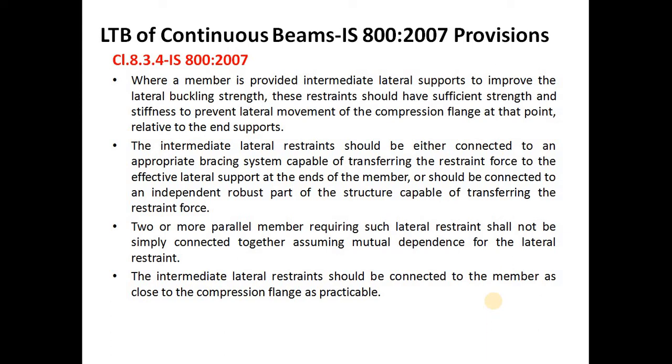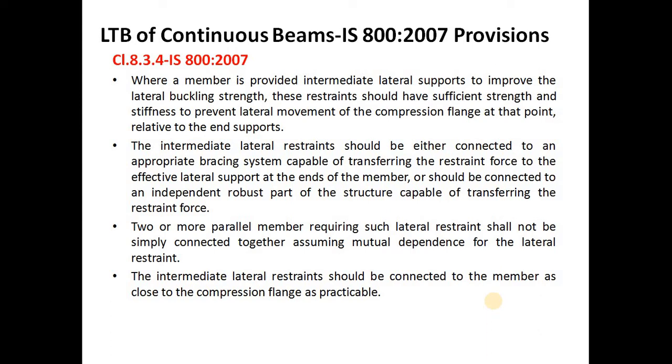Where a member is provided intermediate lateral supports to improve the lateral buckling strength, these restraints should have sufficient strength and stiffness to prevent lateral movement of the compression flange at that point relative to the end supports. The intermediate lateral restraint should be either connected to an appropriate bracing system capable of transferring the restraint forces to the effective lateral support at the ends of the member, or connected to an independent robust part of the structure capable of transferring the restraint force.